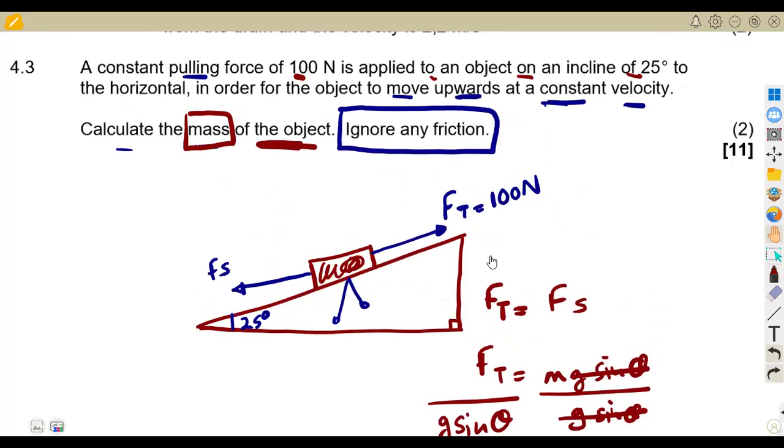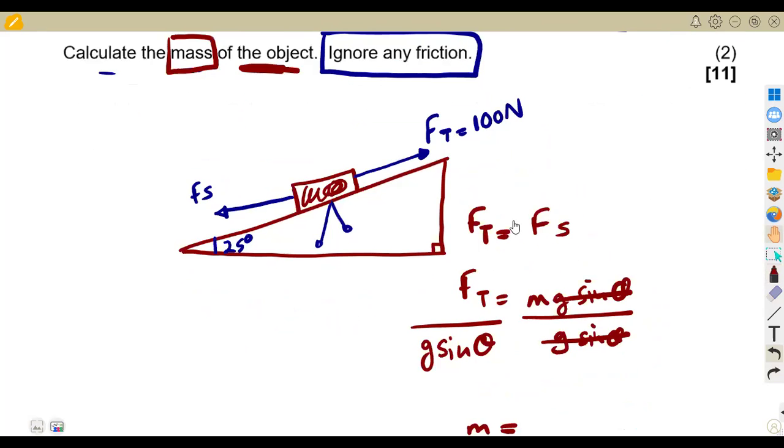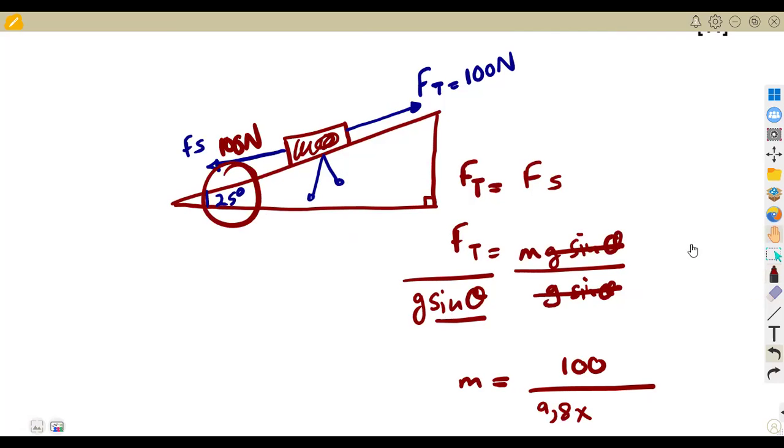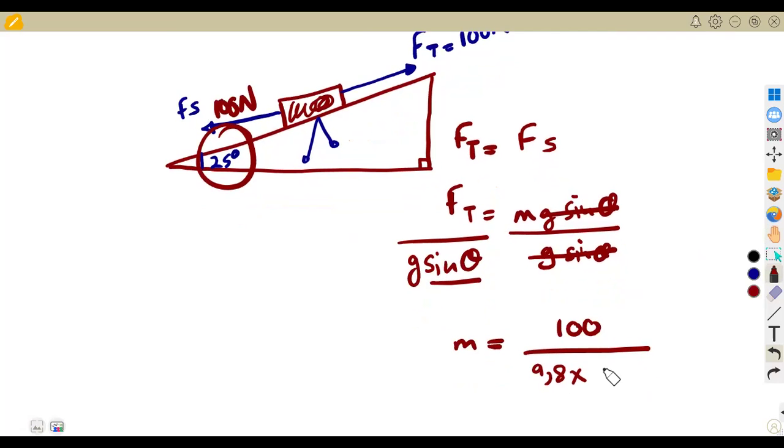What is the total force? 100, which is our parallel component, because they are equal. It also means there is 100 Newton here. So it's going to be the total force of 100 over the gravitational acceleration of 9,8 times the sine of theta, the angle that we are given of 25 degrees, right? Which is the one that you're going to see also here at this point. So this was going to give us the mass of the object.